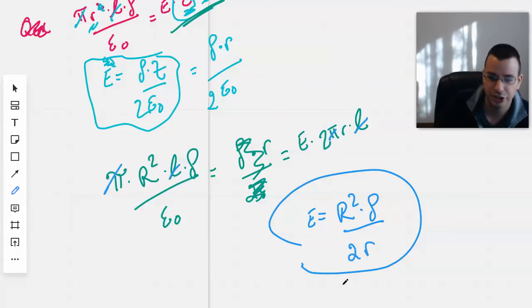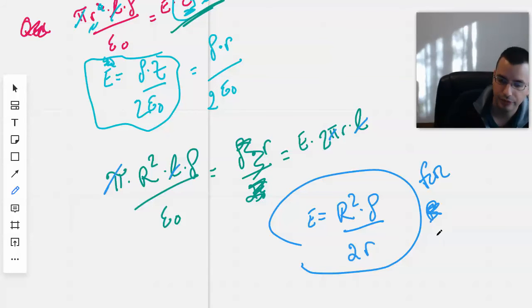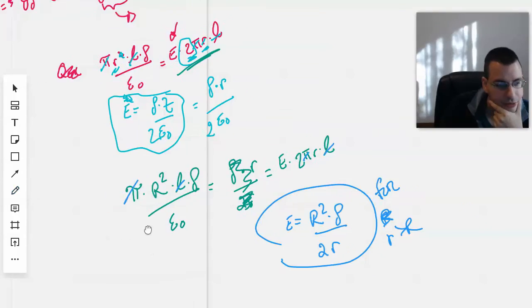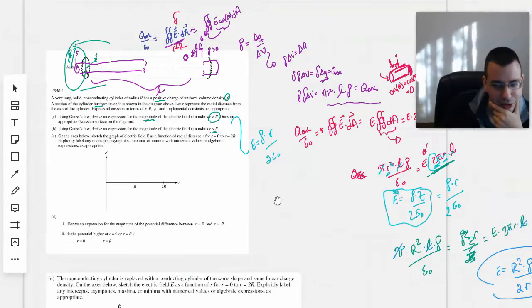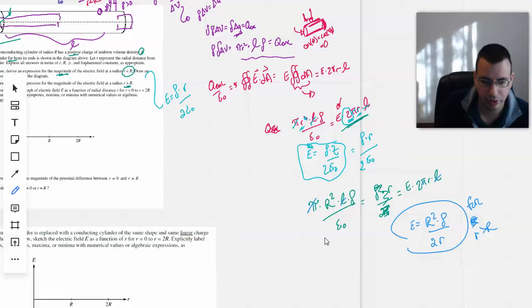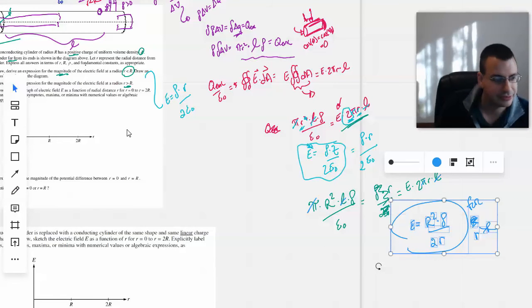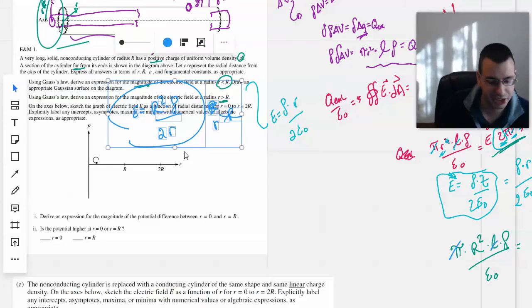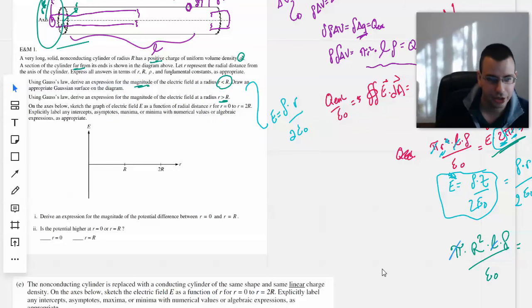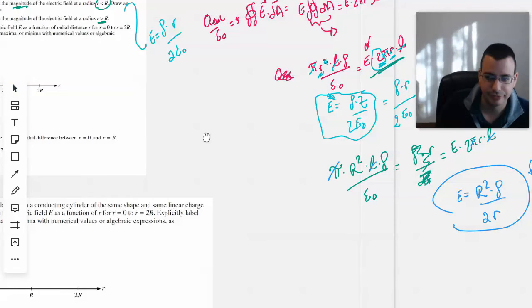So this is for r greater than R. I could write it over here, or just copy paste. No, too cluttered. So, right there goes to there.